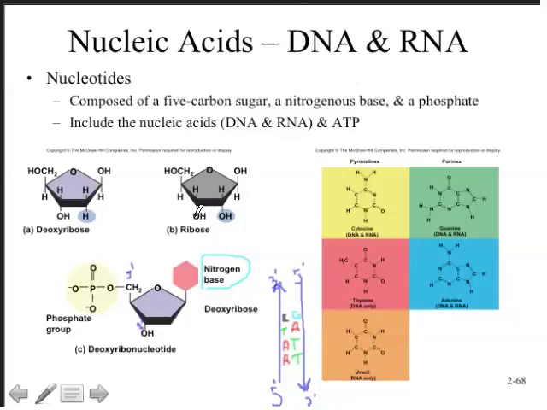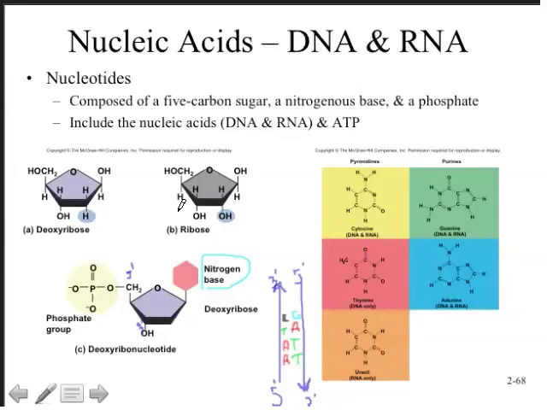You can see it's got hydroxyl groups here at both the 3' and the 2' positions, and you've got here in deoxyribose at the 2' position a hydrogen instead of a hydroxyl group. Okay, so that's the main structural difference in the sugar phosphate backbone of these two polynucleotides.